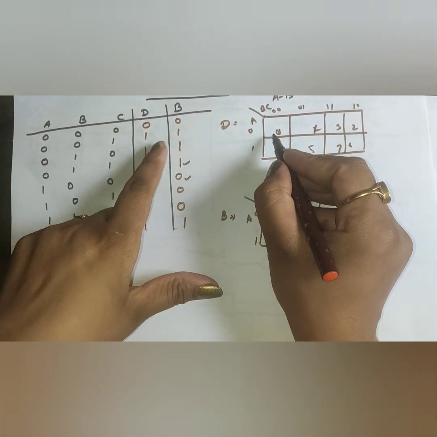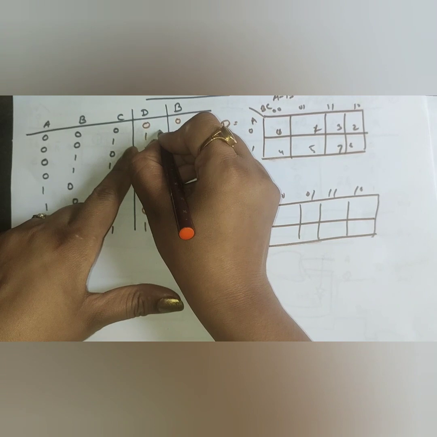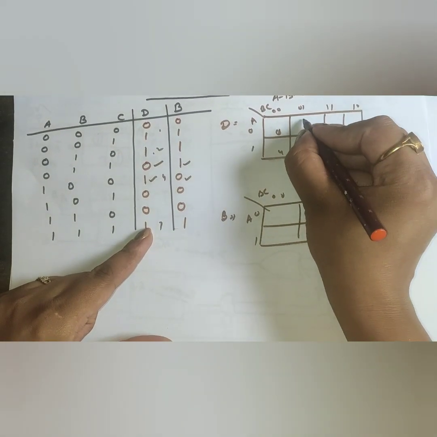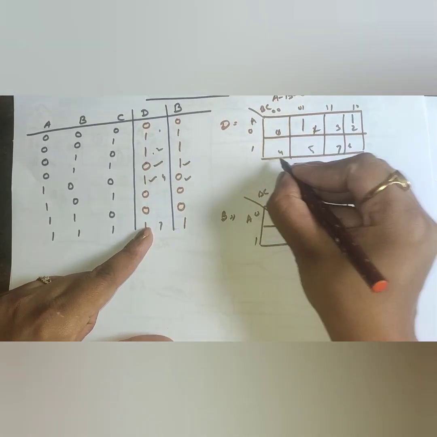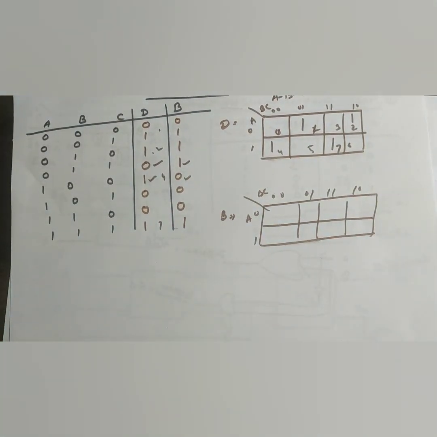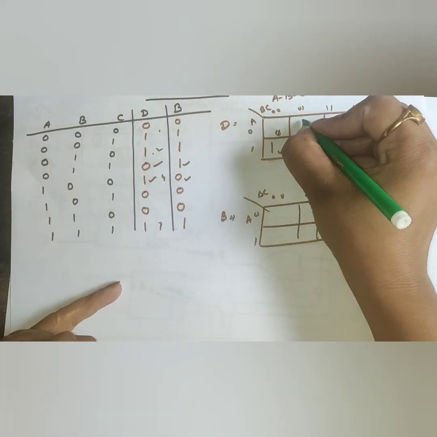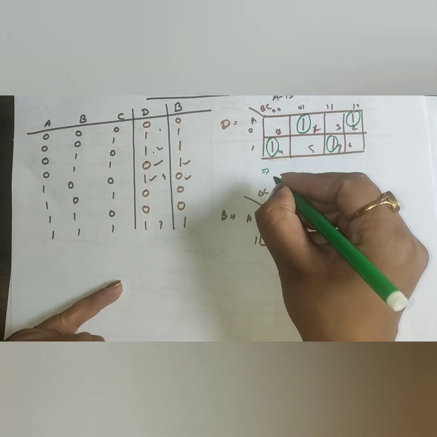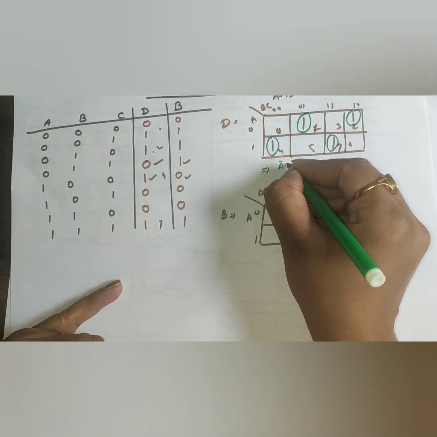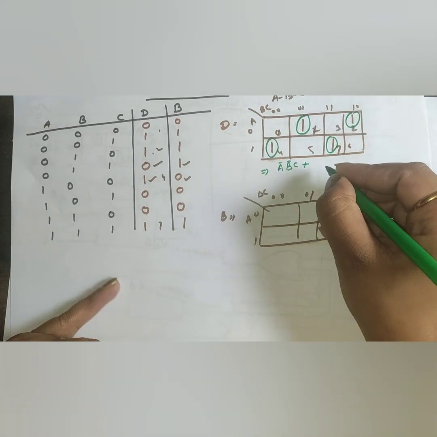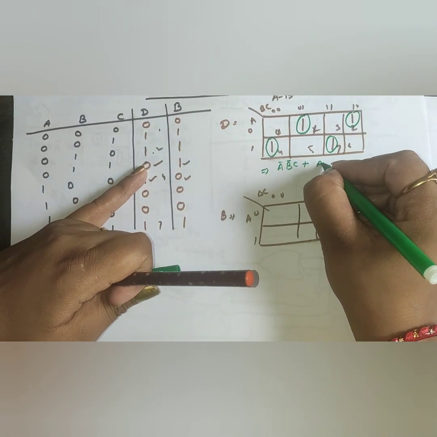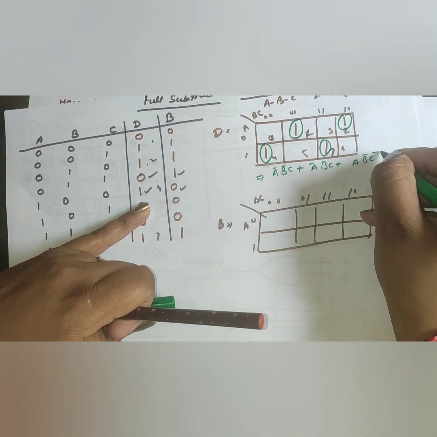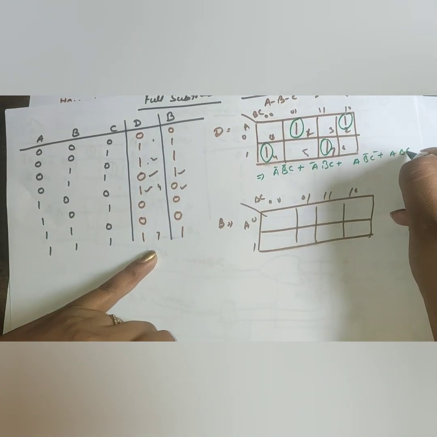You can check where difference is 1: that is cells 1, 2, 4 and 7. It is just like a full adder. Now the equation is A bar B bar C plus A bar B C bar plus A B bar C bar plus A B C.